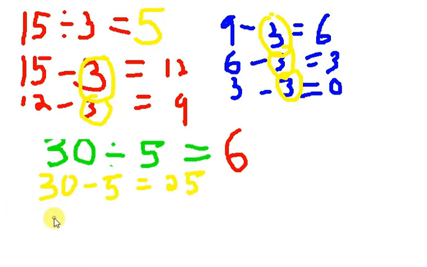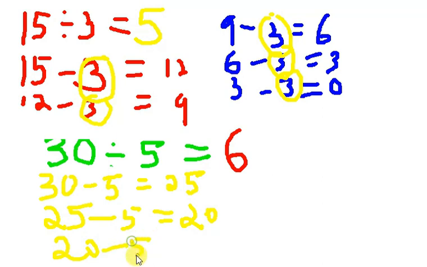Then we have 25 minus 5 being 20. Then we have 20 minus 5 being 15. Then we have 15 minus 5 being 10.